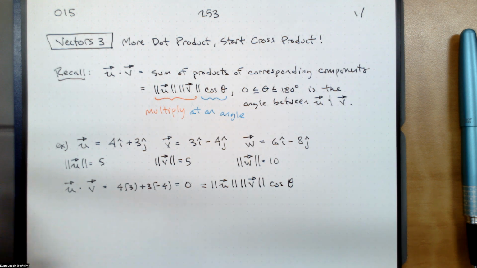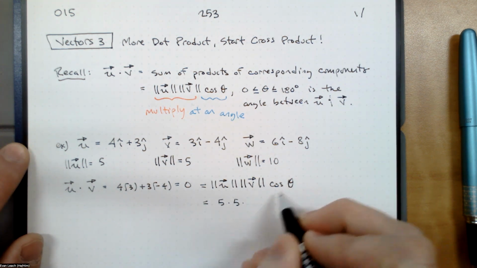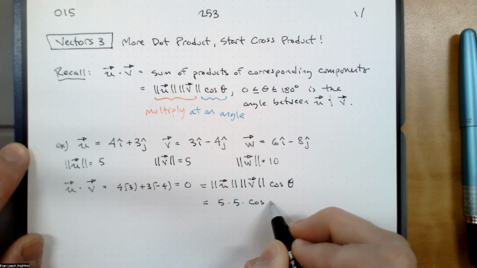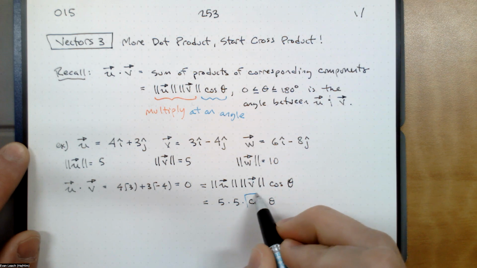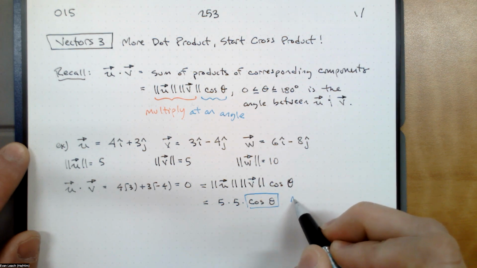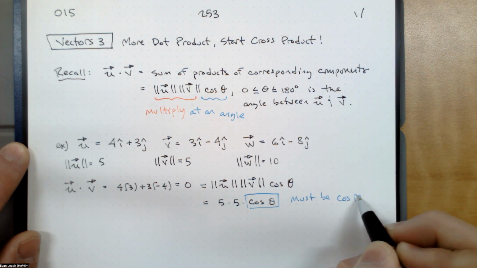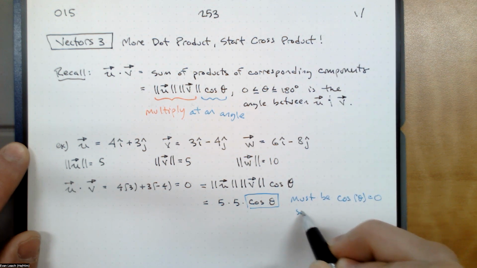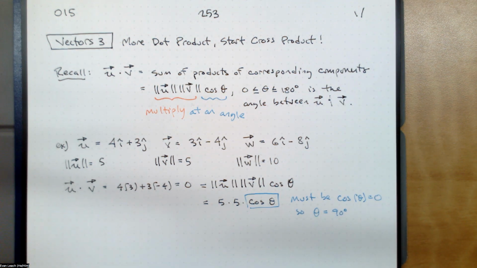Those are both 5. And so the only thing that could be 0 is the cosine. So it must be that the cosine of theta is equal to 0, and that means theta is 90 degrees.